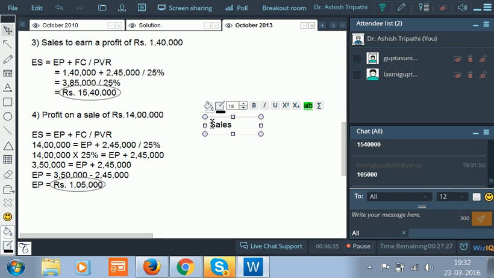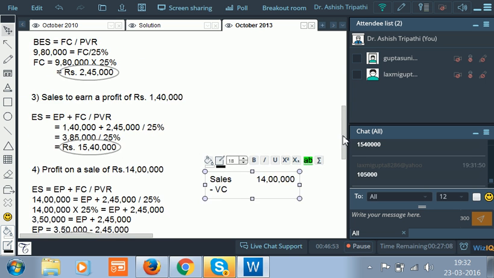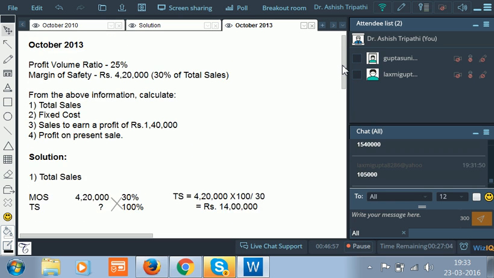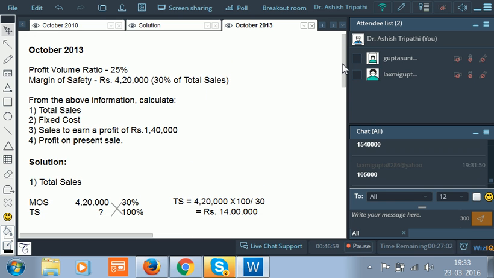Sales. Our present sales is how much? Current sale is 14 lakhs minus variable cost. Is it possible to get variable cost? Yes, it's very simple.